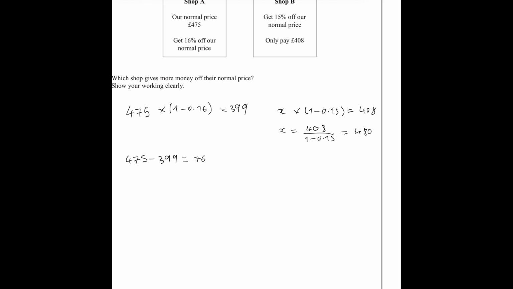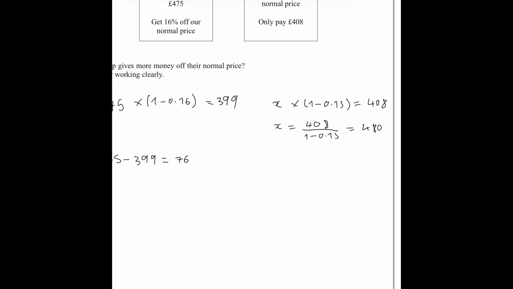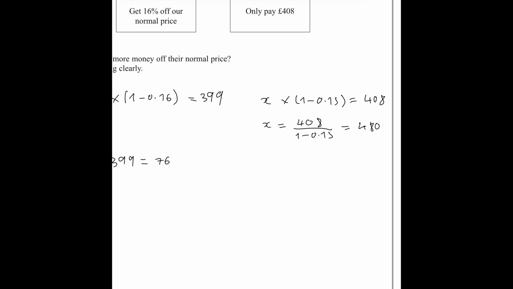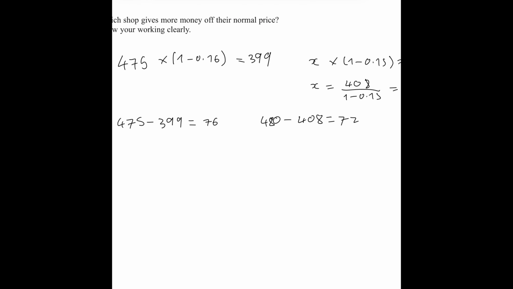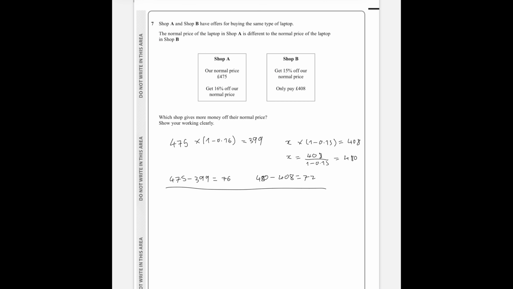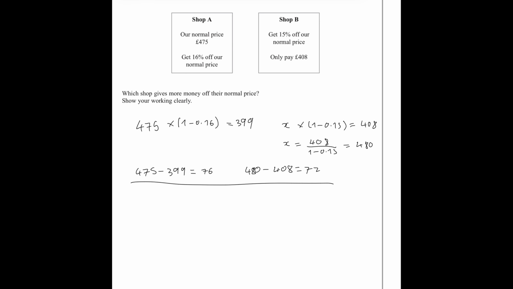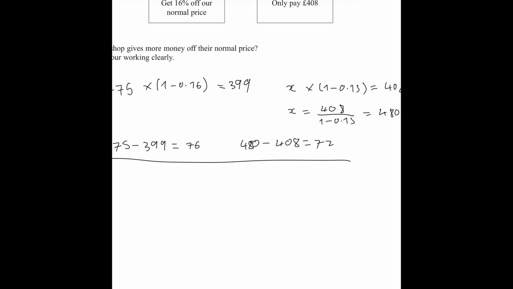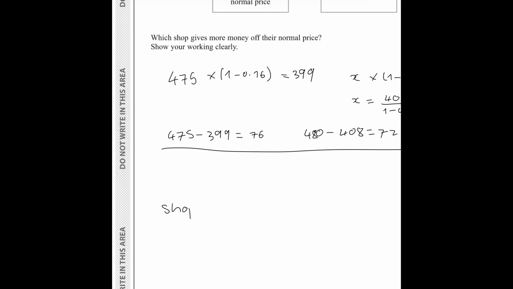And the normal price of Shop B is 480, we just found it, minus the discounted price of 408, which is going to give us £72. Now, you can clearly see that the discount on Shop A is bigger because 76 is bigger than 72. So that's your answer, Shop A.